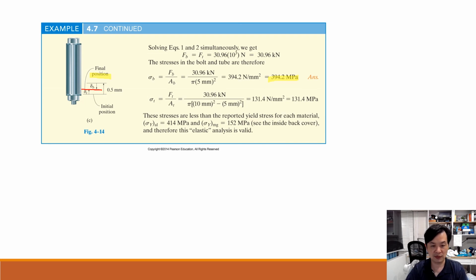The yield stress for aluminum is 414 and for magnesium it's about 152 megapascal. So these two values won't exceed them. This means the solution is still in the elastic range. The process can be derived by the solution we mentioned in previous slides, and the solution over here.